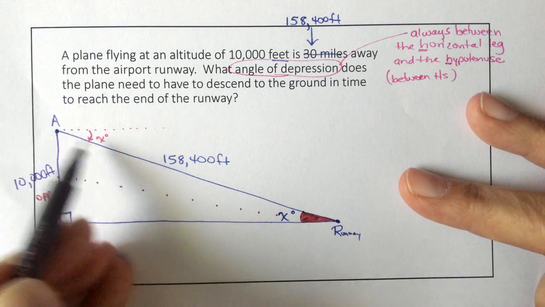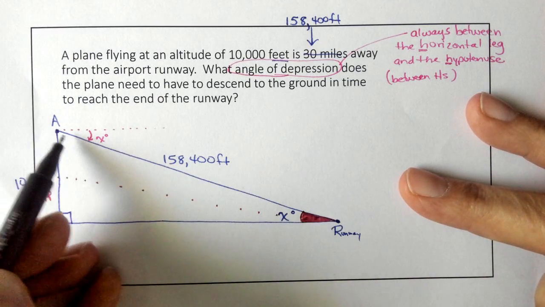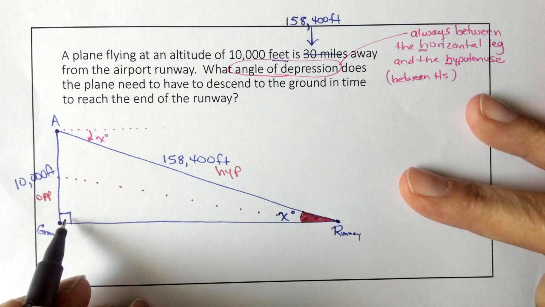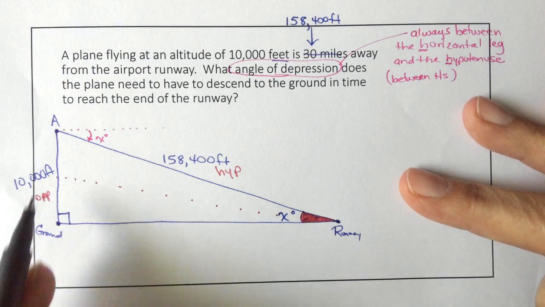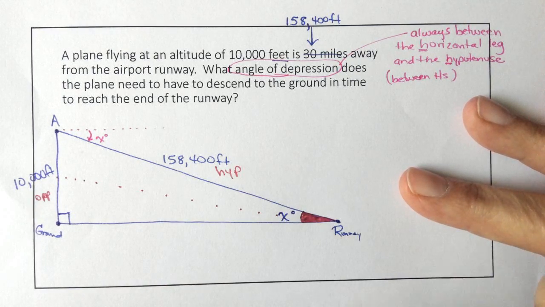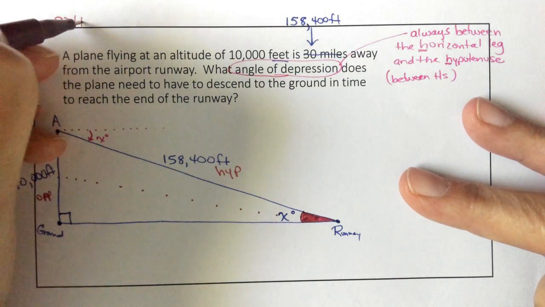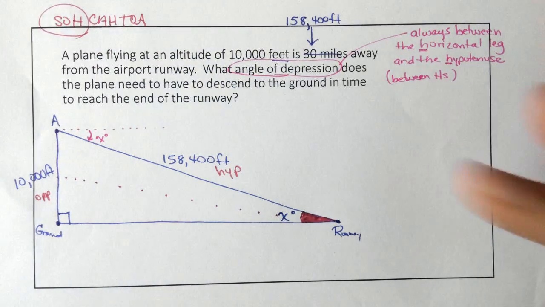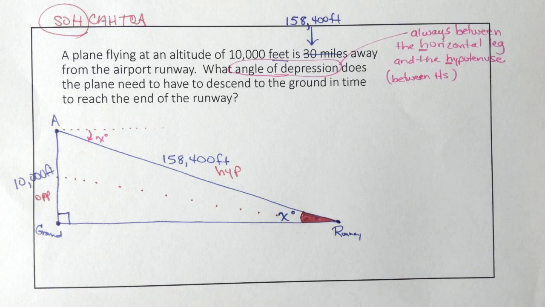And then the 158,400 foot distance to the runway is the hypotenuse. It's opposite the right angle. Opposite and hypotenuse, TOA, go with sine. I need a sine function to solve this one.